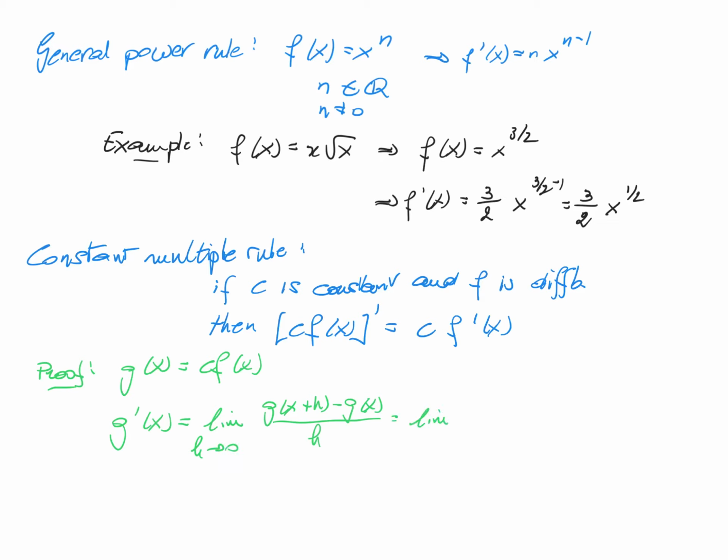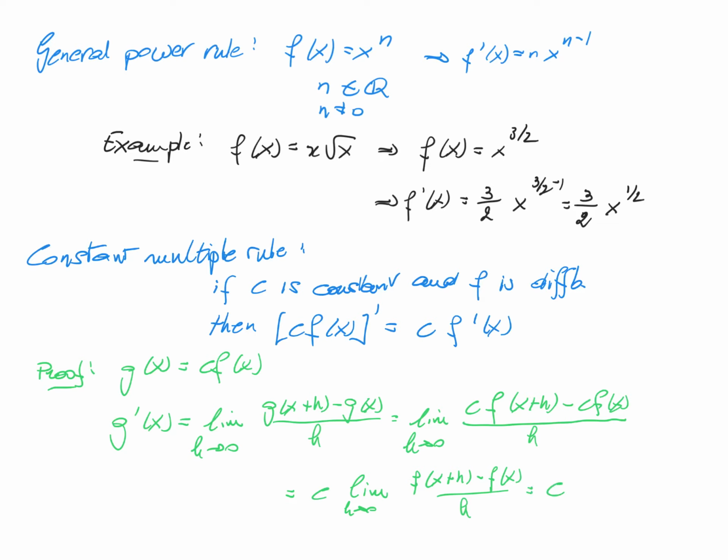So this is the limit of c times f of x plus h minus c times f of x divided by h. We can take out c, so it's just c times the limit. We saw in limits that we can take out a constant. So h to 0, f of x plus h minus f of x divided by h. And this is just the formula for the derivative. So it's c times f prime of x, which is what we had to prove.